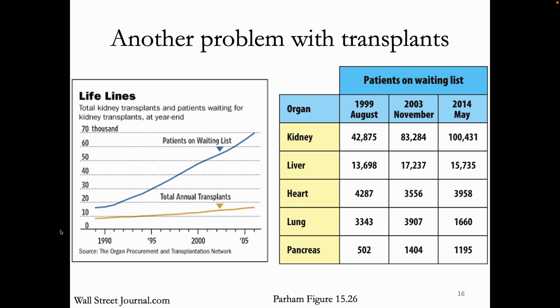Yeah, the problem here is supply. There are more people who need hearts than there are hearts available. There are more people who need livers than there are livers available, etc. And so we also have this general problem that there's this pretty big shortage of many of these organs.